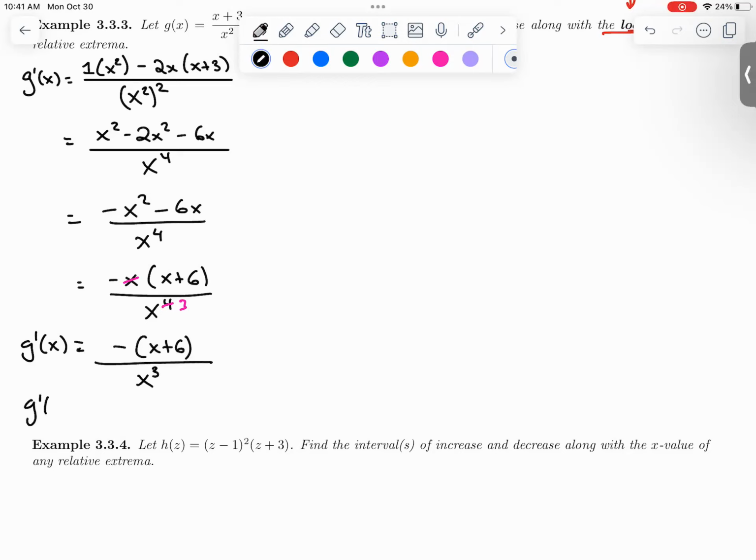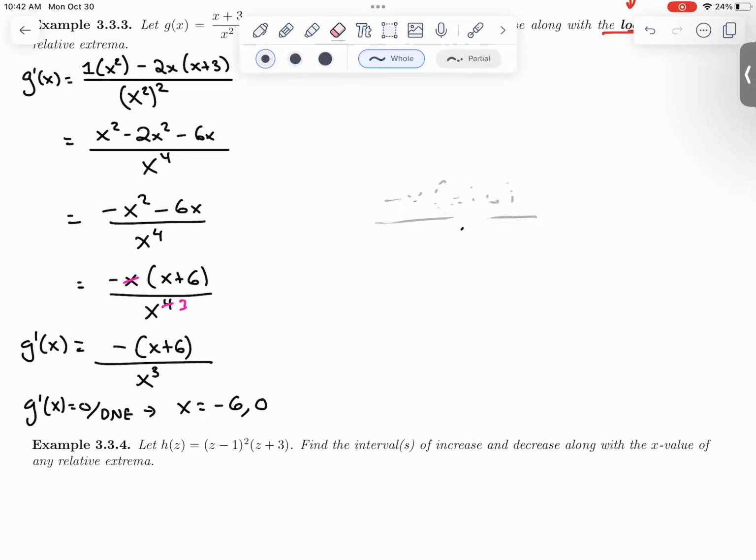So setting g prime of x equal to 0 or DNE would give us x equals negative 6 and 0. The only reason I was curious, what I was contemplating there for a second, is what if we had gotten negative x times x plus 6 over x?